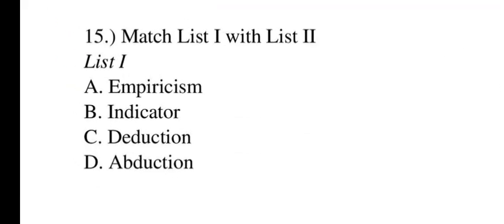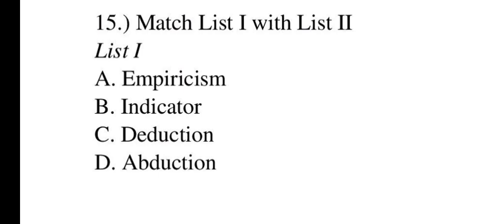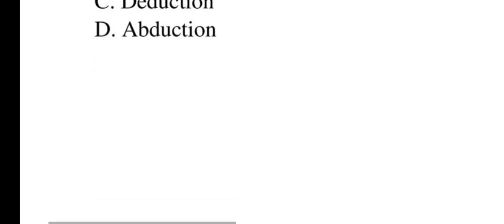Next is match list 1 with list 2. In list 1 we have A, empiricism, B, indicator, C, deduction, D, abduction.